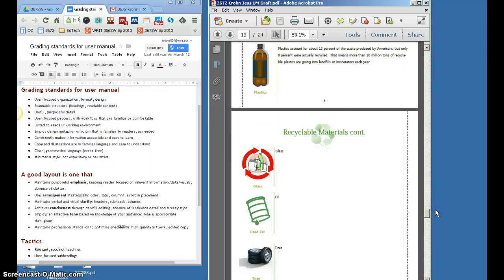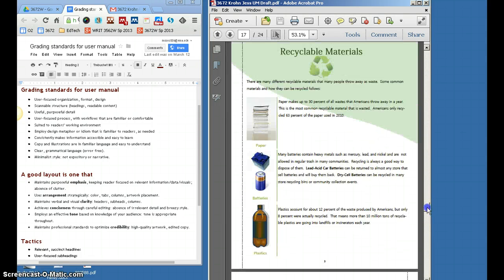So arrangement is consistent, it's purposeful, information is proximal to the imagery, or we could say the imagery is proximal to the information about the item. So that is a factor of arrangement.